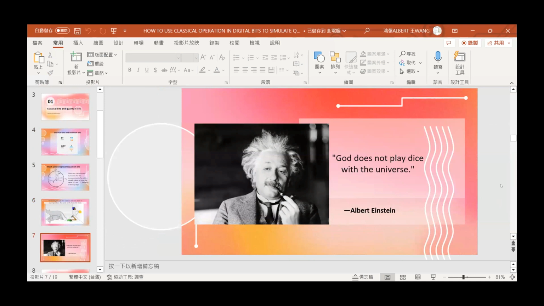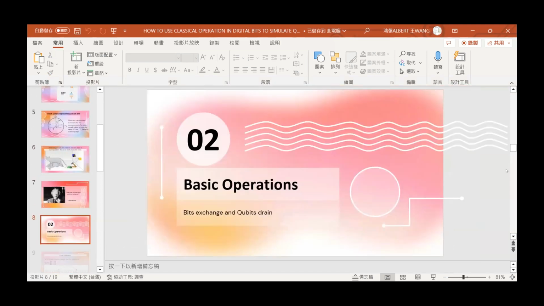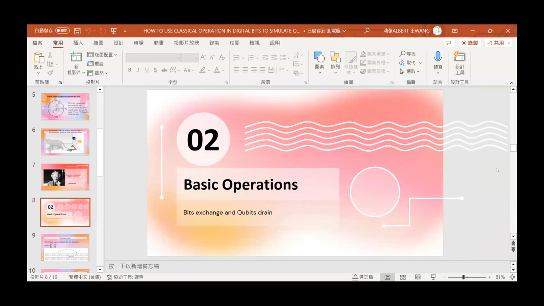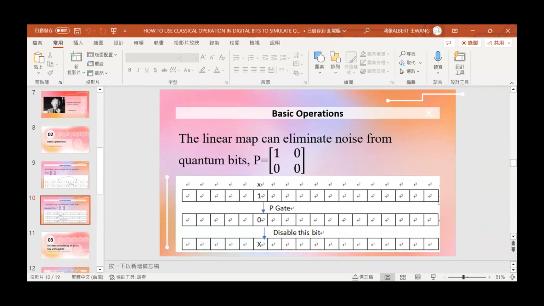But we consider what Albert Einstein said, that God does not play dice with the universe. So we consider that the basic operations for quantum measurement have a kind of randomness, but we can simulate it systematically. Second, we consider the bit exchange.